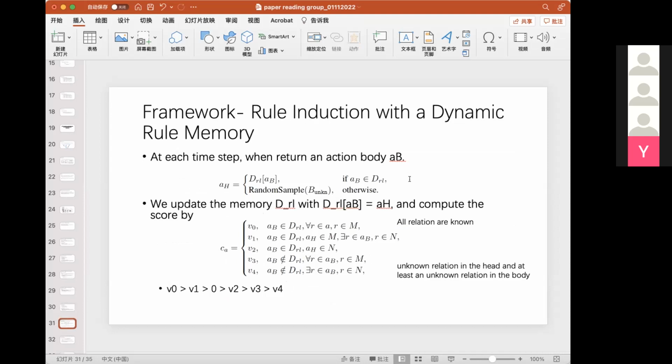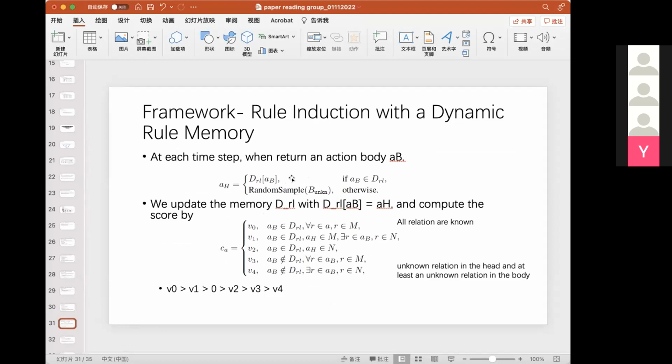The idea here is that at each time step, when returning an action body AB, it will first try to look up this dynamic rule memory model.